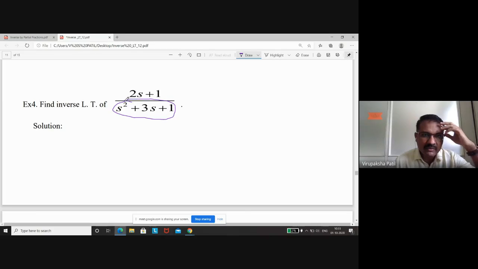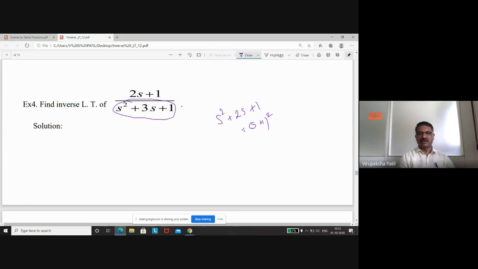If it were s square plus 2s plus 1, you would have directly written it as s plus 1 whole square, isn't it? Then directly it becomes a perfect square. You should be very careful here.